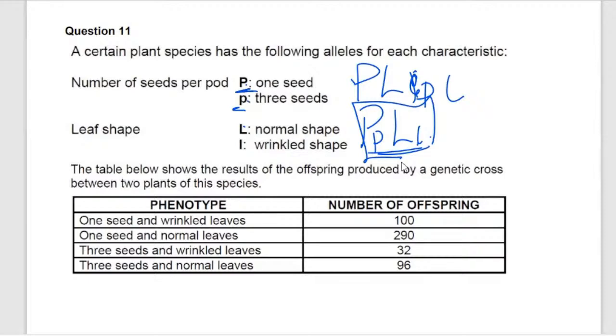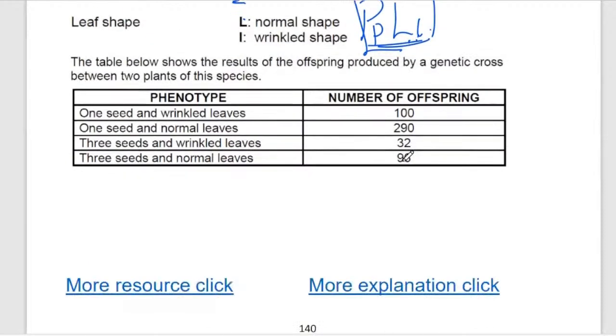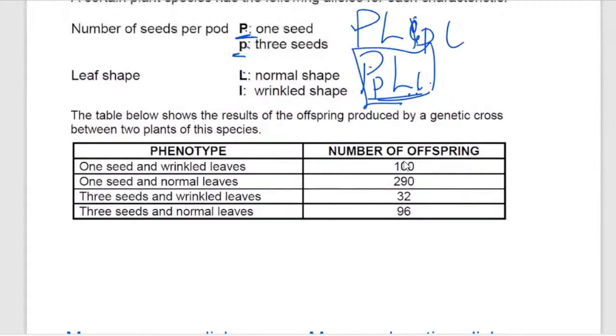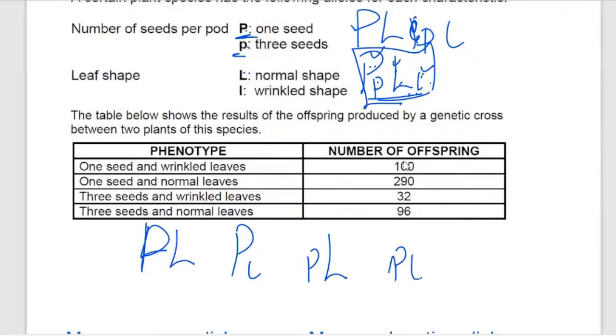If they ask you to identify the gametes from here, it is still fine. P goes with L: capital P, capital L. Now P again with the small l: capital P, small l. Then small p, capital L. Then small p, small l.